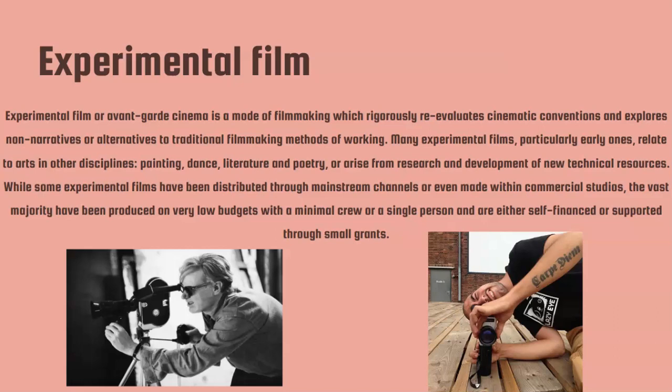So they're constantly experimenting with other material, like using music as a way to create film or images or pictures. And they don't really have a meaning. They're just made to show the audience that there is a different way of doing things or a different way of making films.